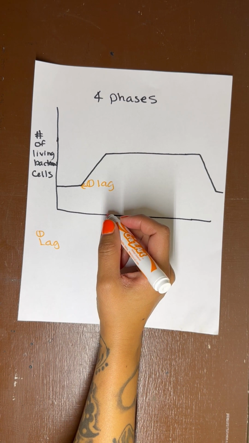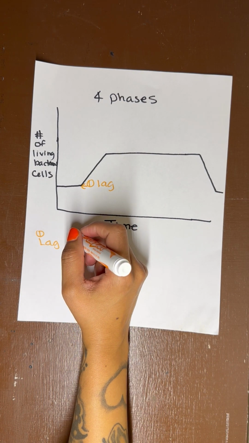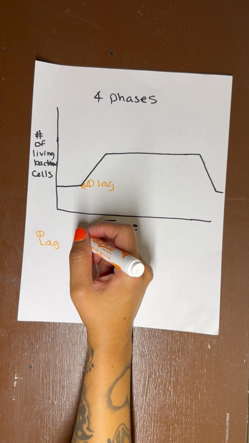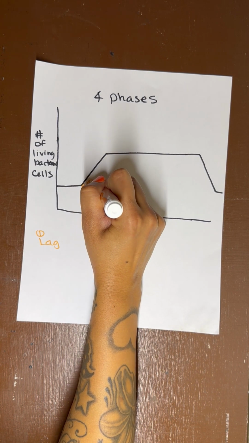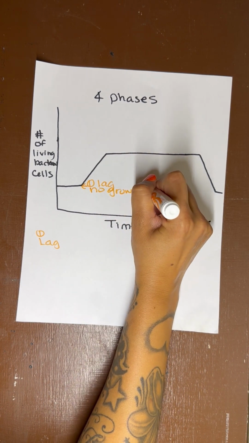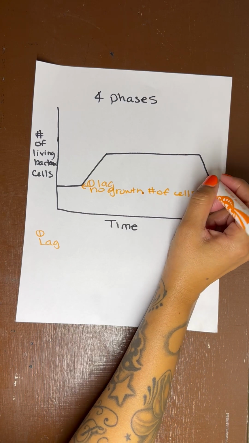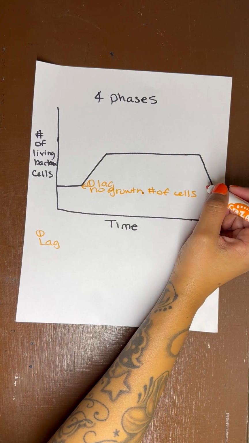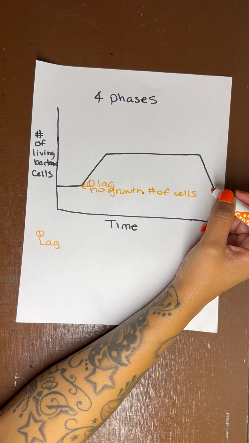And this can vary because of the different conditions there are in the environment. Here there is no growth in the number of cells, and there are many factors that take place in this phase.